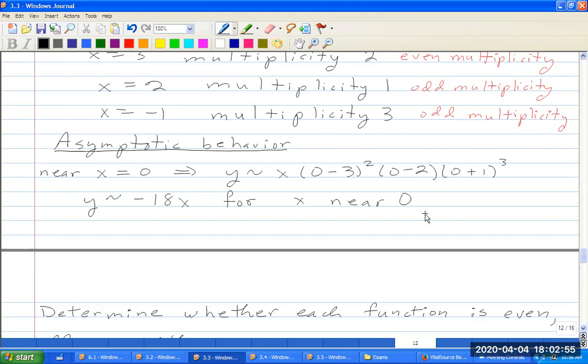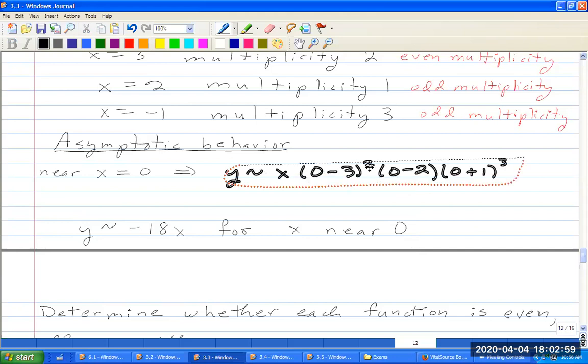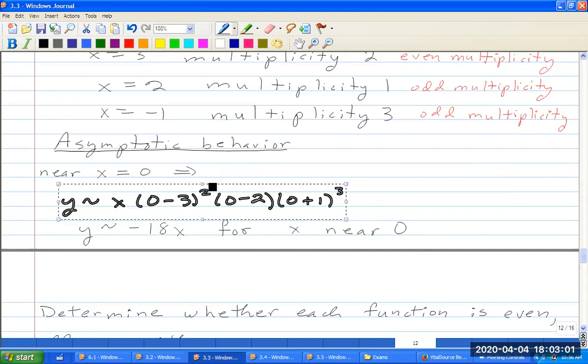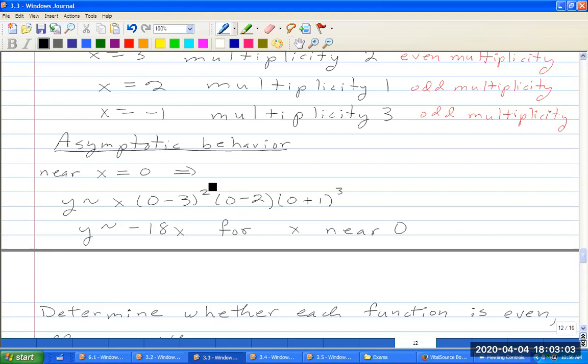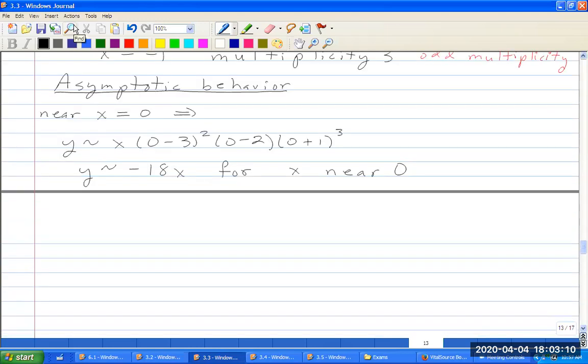Actually, I'll just put another line here. Let's give me some more room. So notice that x here had odd multiplicity. It was a simple root, had degree 1.